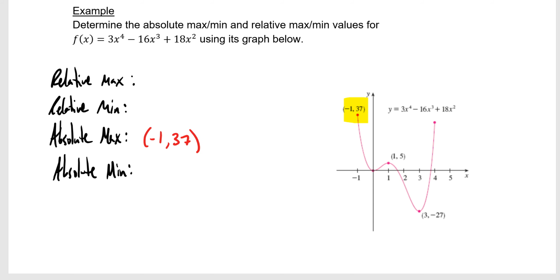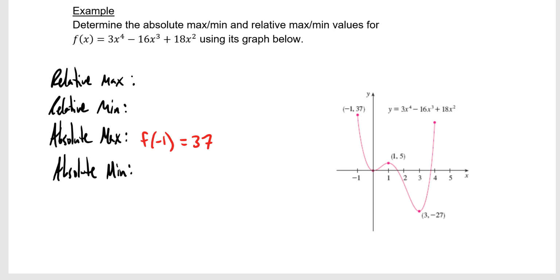And remember what I said before, if the question's asking you for the value, which it is, I guess I should take that into consideration right now. If it's asking you for the value, it wants the y value. So I'm going to write this like this. The absolute max is f of -1, which is 37. That way, technically we're given the x value as well, but f of -1 is the y value, which is 37.